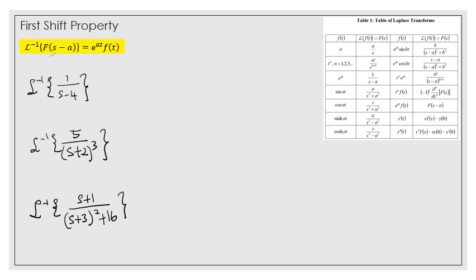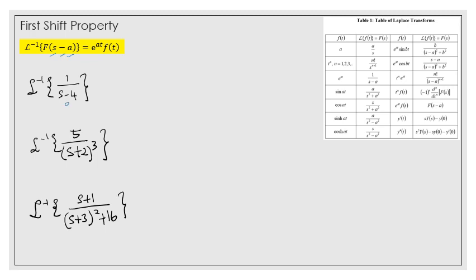Any s attached with a minus constant, we can convert it into e^(at) f(t) by using the inverse Laplace transform. So let's look at the first example here. Inverse Laplace of 1 over s minus 4. This one we can solve by using the first shift property because it has s attached with a minus constant.